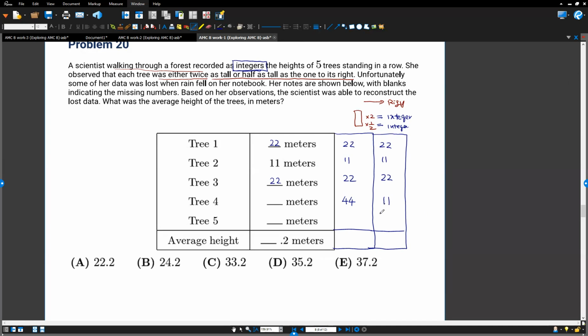That's fine. Another possible answer there. Oh, this is 44 here, right?